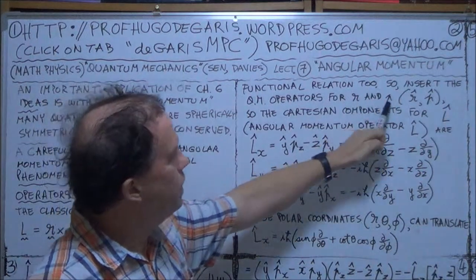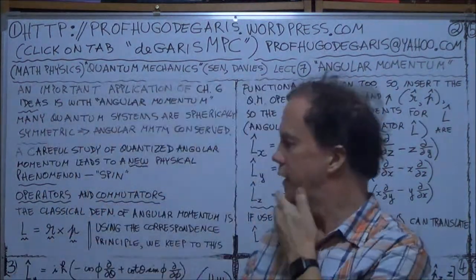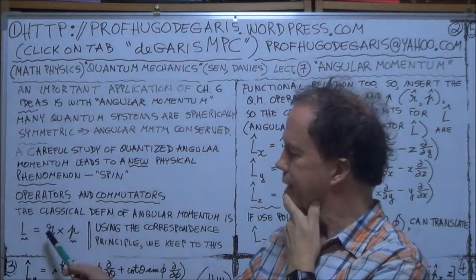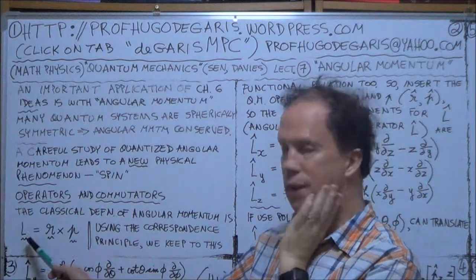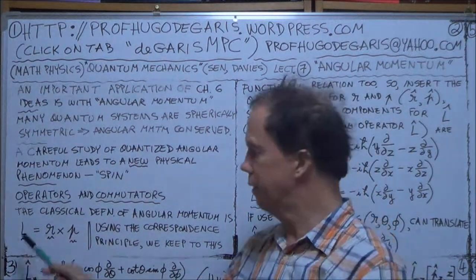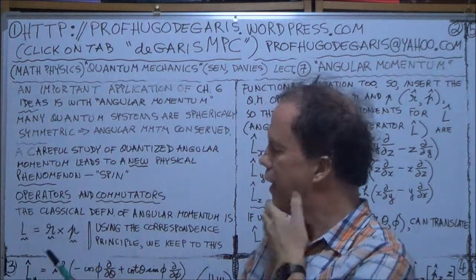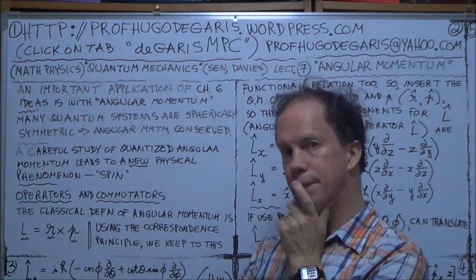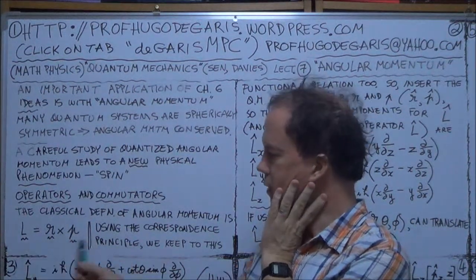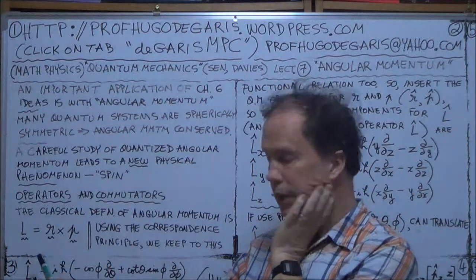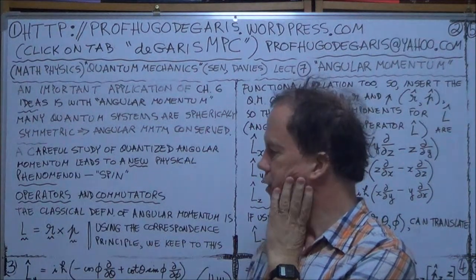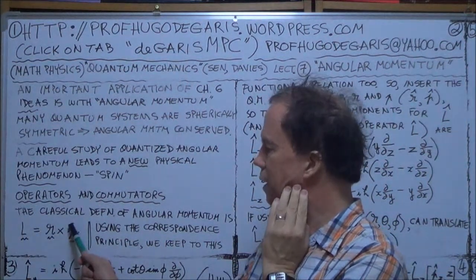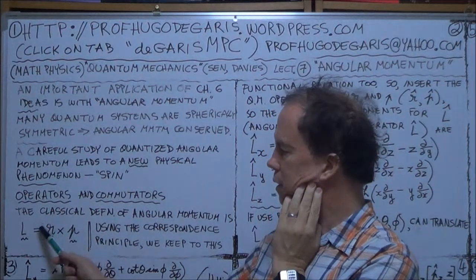For the r and p terms in your classical definition, keeping the cross product, let's create a quantum mechanical angular momentum operator. We'll put a hat over L, a hat over r, and a hat over p. In other words, you're taking the classical definition of angular momentum and converting it into a quantum mechanical equivalent. You just put hats over these.